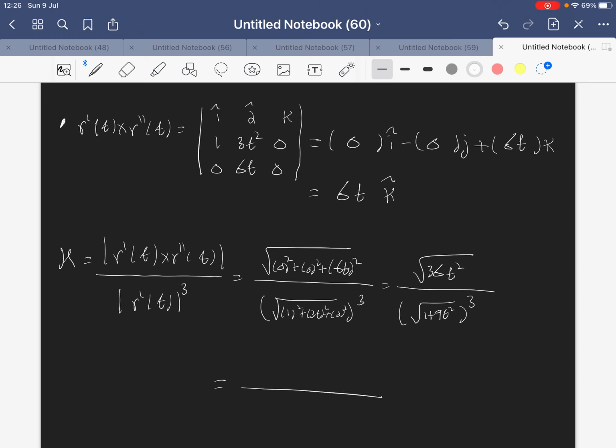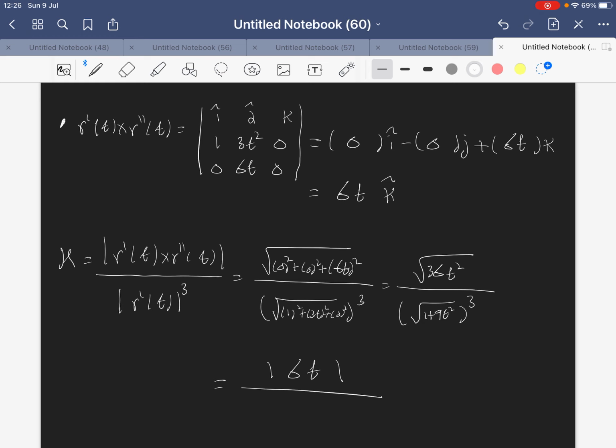The answer will be the absolute value of 6t, and that's important. Because remember, the square root of t squared is the absolute value of t, and depending on the value of t, it could be positive or negative. Of course, the answer will always be positive here, and that's why we need the absolute value.